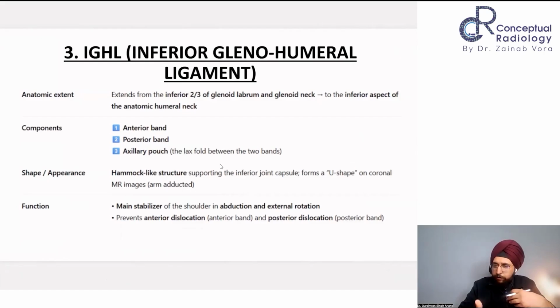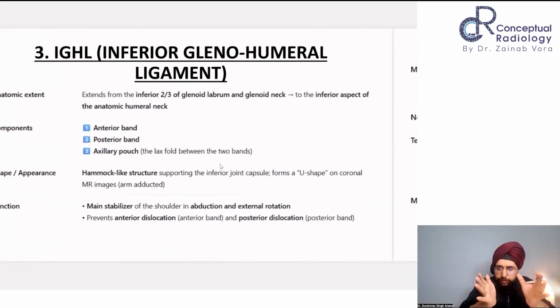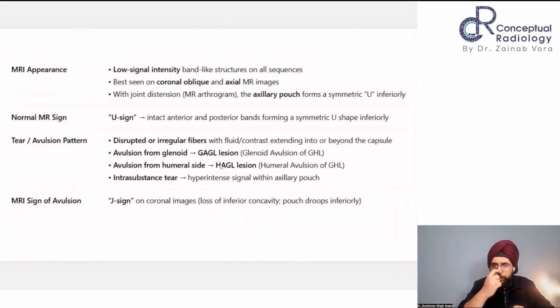There can be synovial proliferation also in the axillary pouch. In some books you will find it as the axillary recess as well. It's basically a U-shaped structure because it has two bands, and it's one of the main stabilizers of the shoulder joint. The anterior band is for preventing anterior dislocation, the posterior band for posterior dislocation.